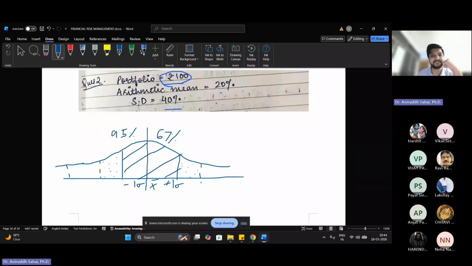And if you have +-3 standard deviations, यहाँ पे लास्ट में +-3 स्टैंडर्ड डिविएशन, this is -2 and +2, this is +3 and this is -3 स्टैंडर्ड डिविएशन. इसमें होगा 99% ऑफ ऑब्जर्वेशंस.